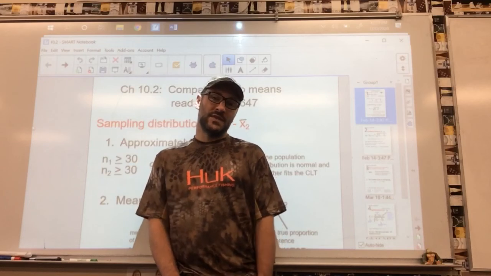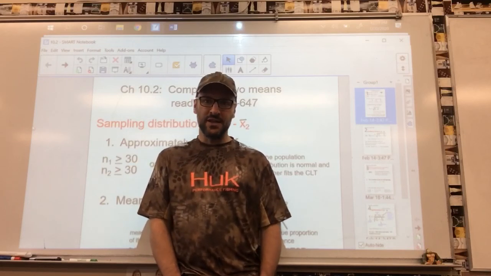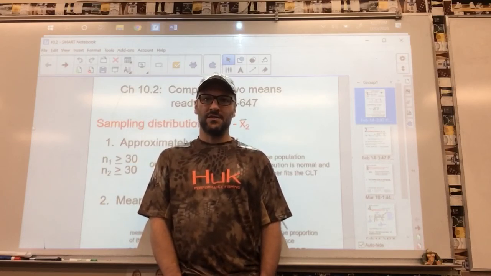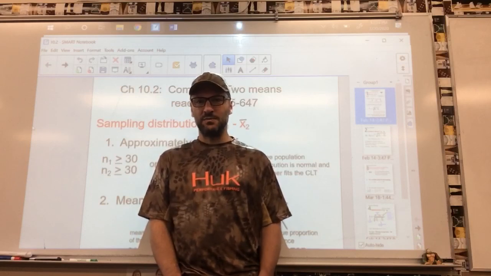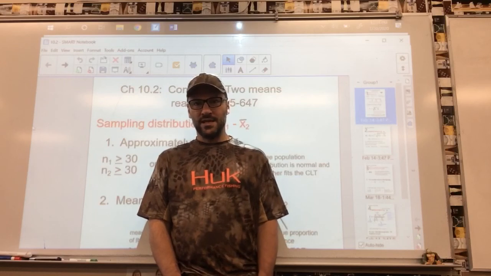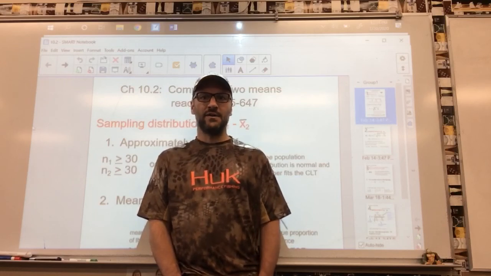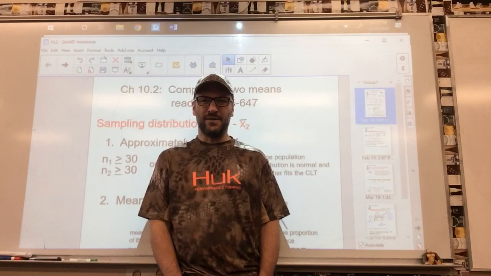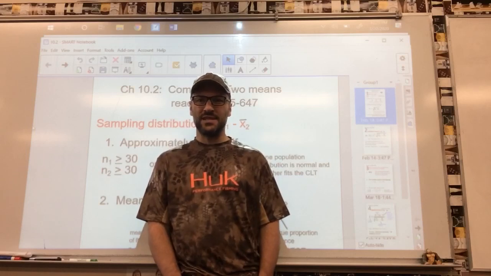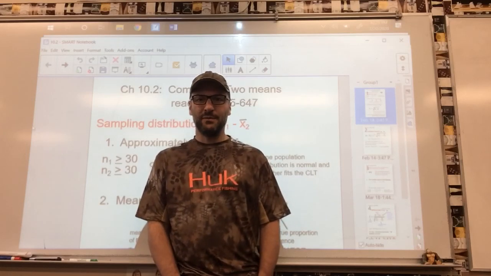We won't technically know the population standard deviation, so we have to use the sample standard deviation, S sub x, which means that we're going to have to use t distributions and t critical values. That's the real main difference, we're switching it up to t values. Some of the conditions are a little bit different.